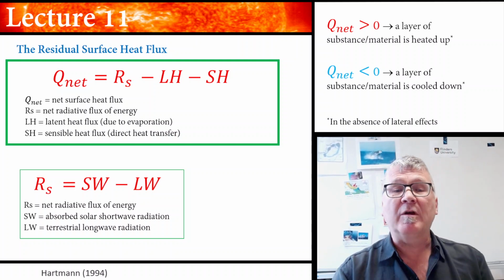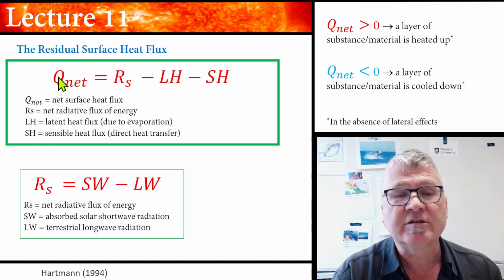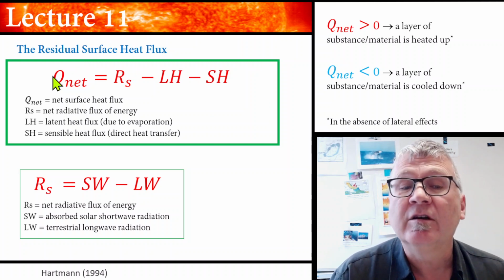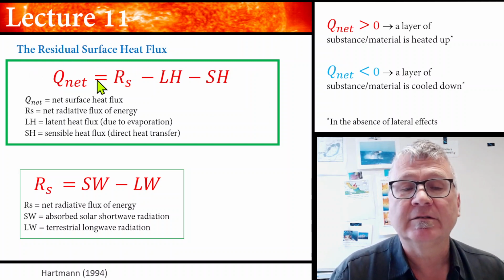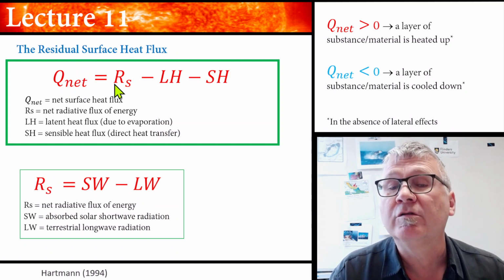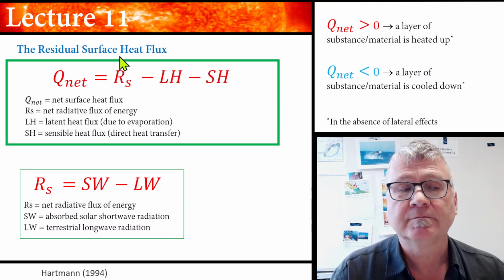Here, what we call Q net in this equation, shown at the top, is the net surface heat flux. It is just the sum of all terms written on the right-hand side of this equation.